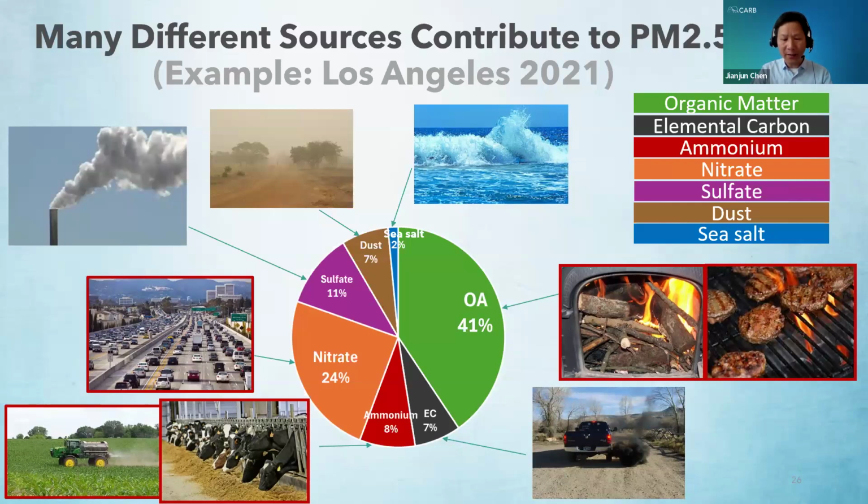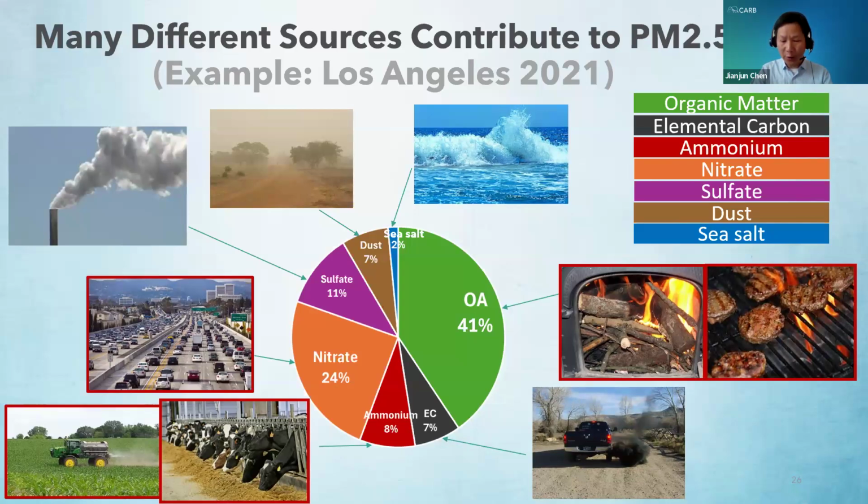The next most abundant component is nitrate, which is also associated with ammonium. Nitrate is formed from NOx emitted by sources such as motor vehicles, and from ammonia, which primarily comes from dairies, fertilizer usage, as well as on-road sources. Sulfate is formed from sulfur dioxide, which is mainly associated with the stationary sources, and also ammonia.